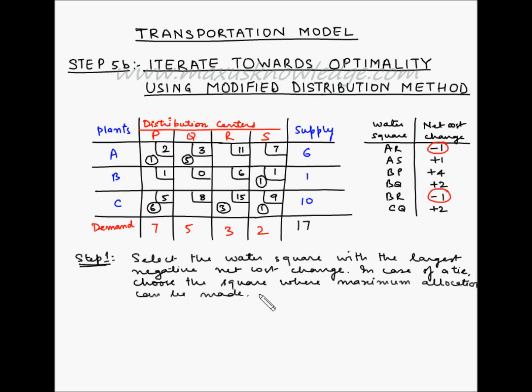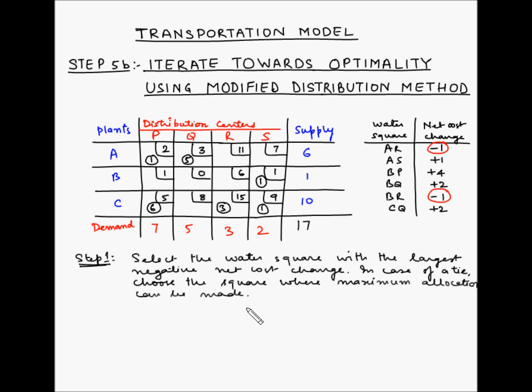Because the transportation cost is a multiplication of the unit cost and the number of units allocated. So since the comparison between these two cells indicates that the unit cost of making the change will be the same, we are now seeing if there is a potential for allocating more units to any one square, and the one which has more potential will give us higher savings in the total transportation cost.